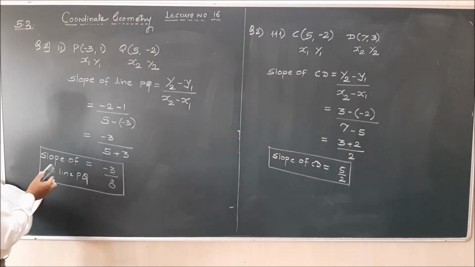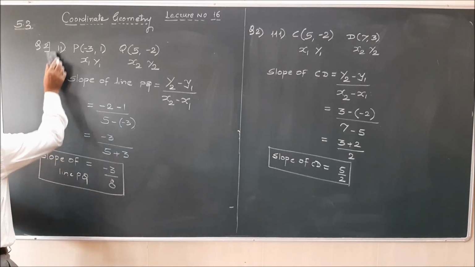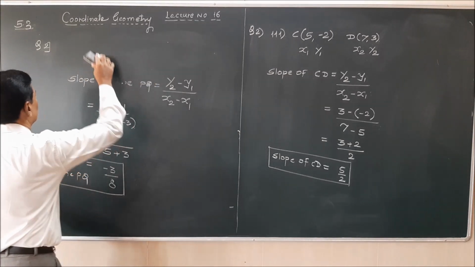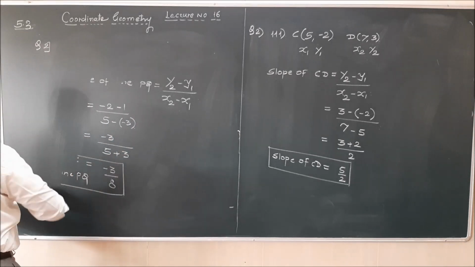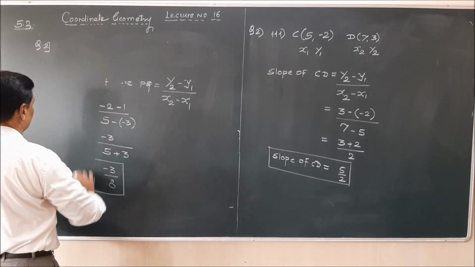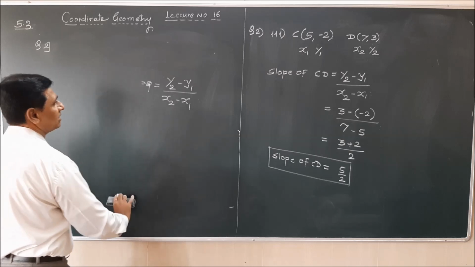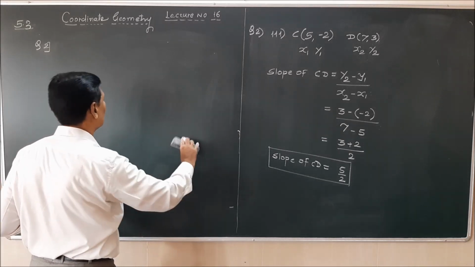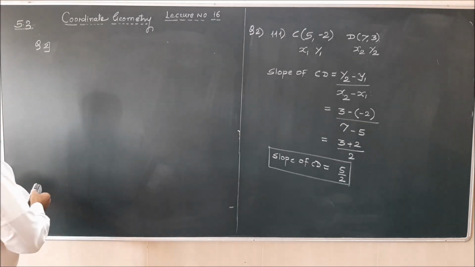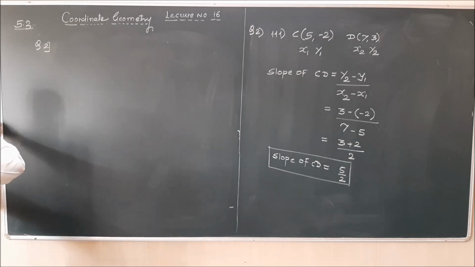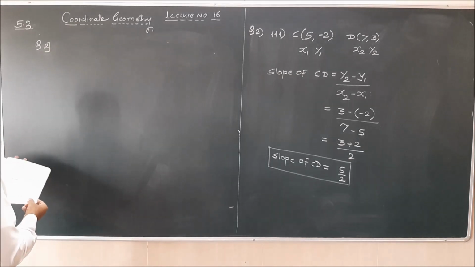So next to that is the fourth of question 2. These are all again, I'm telling you, very simple sums. They carry 2 marks only. So you will find the next one is question 2, fourth one.